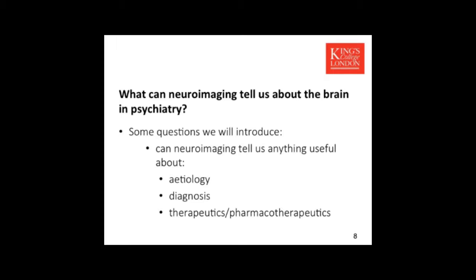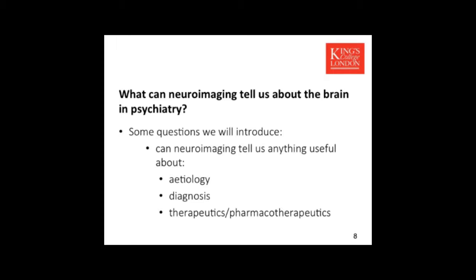Some of the questions that we will introduce is whether neuroimaging can tell us anything useful. Has it told us anything useful about the etiology of these disorders? So how they happen, what's the cause of them, if we know that they are disorders of the brain? Can neuroimaging tell us not only from a knowledge perspective, but also something about diagnosis? Can it help the clinician in making a diagnosis about a specific disorder or even specific symptoms?